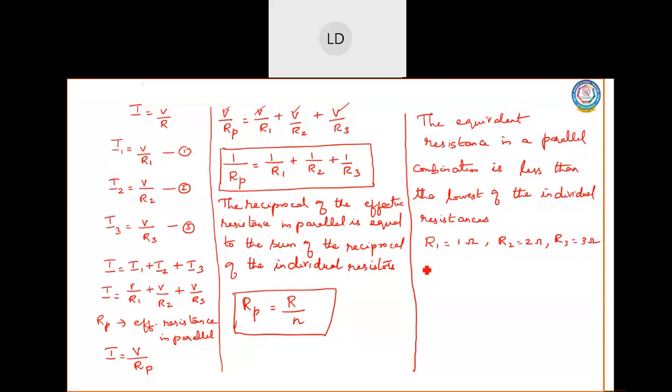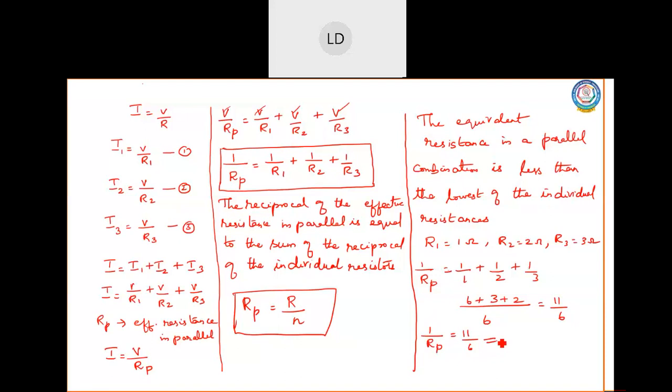Substitute. So what is 1 by Rp now? 1 by Rp is equal to 1 by 1 plus 1 by 2 plus 1 by 3. So the LCM will be 6. So I have 6 plus 3 plus 2, which is 11 by 6. Now look at the simplification, children. It is 1 by Rp is equal to 11 by 6.